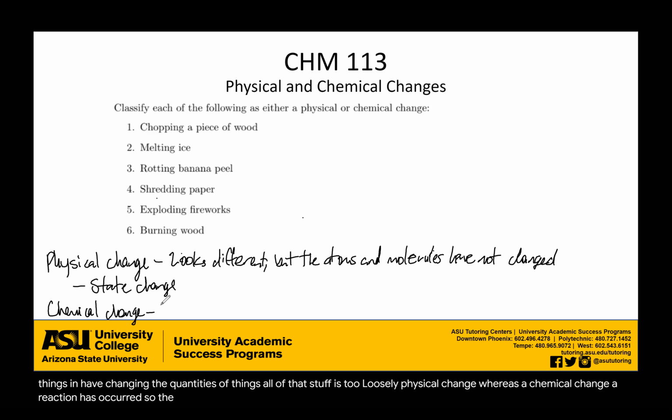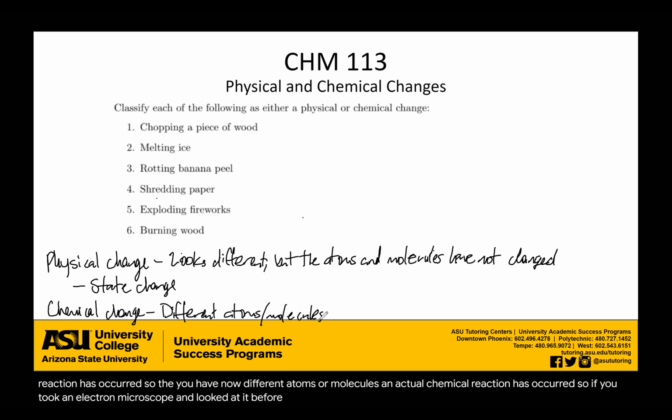Whereas a chemical change, a reaction has occurred. So you have now different atoms or molecules. An actual chemical reaction has occurred. So if you took an electron microscope and looked at it before and after, it would look different on the molecular level. Okay? Typically, things like that involve some form of smell change.